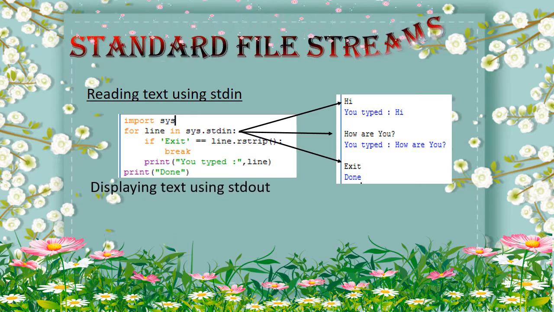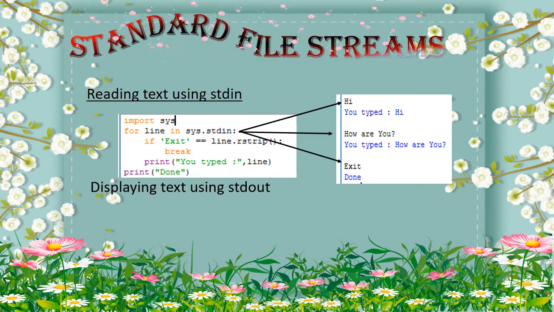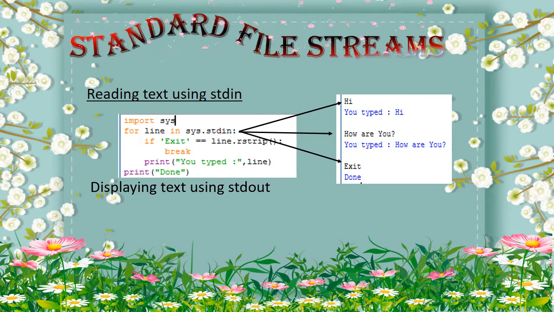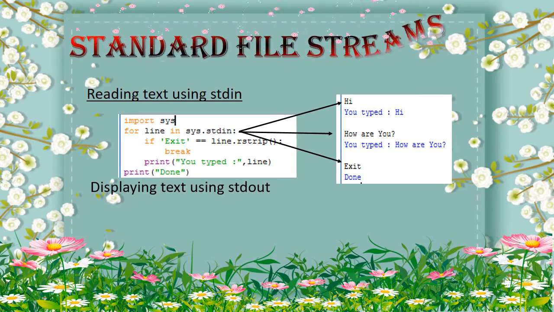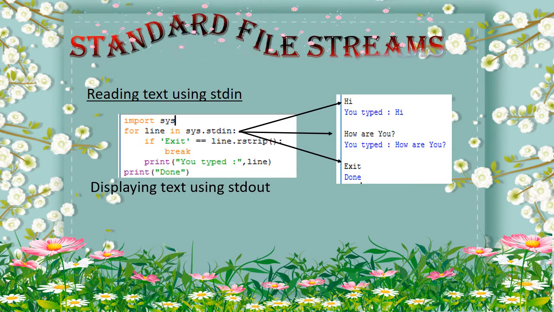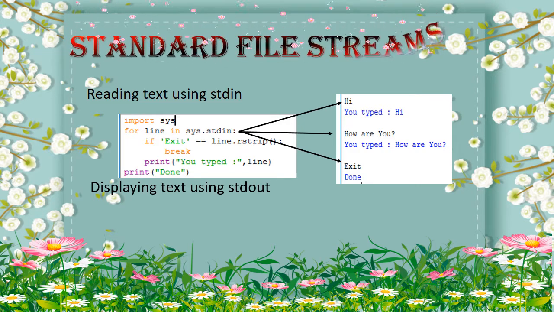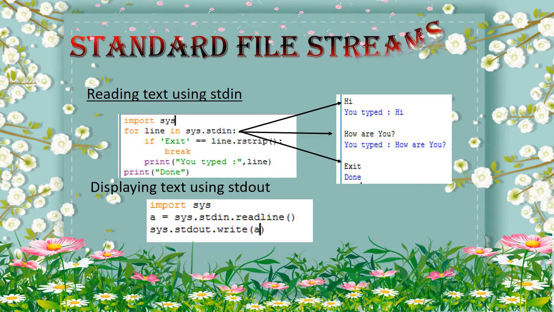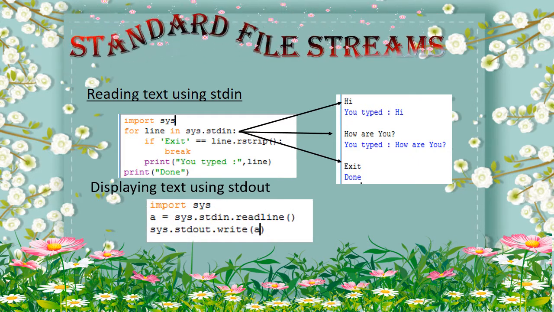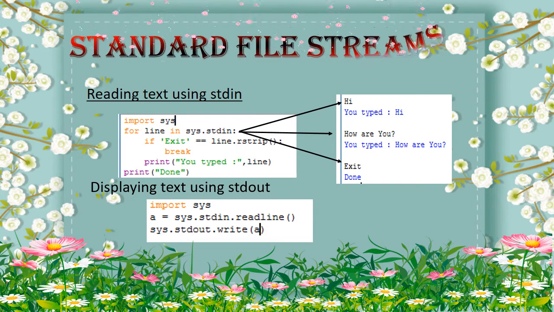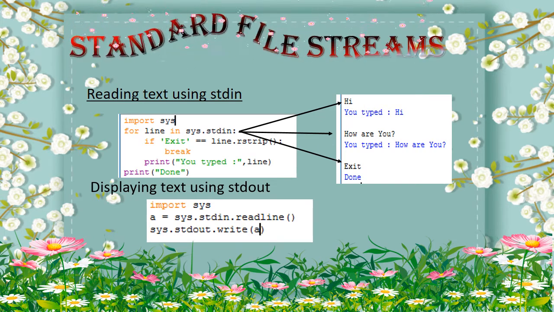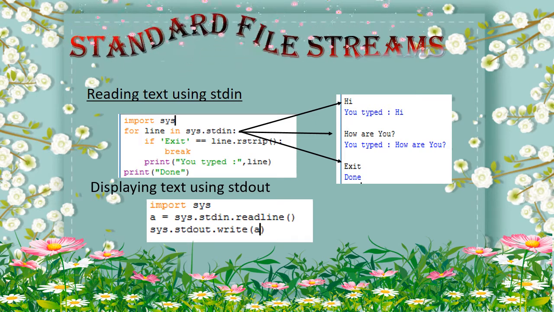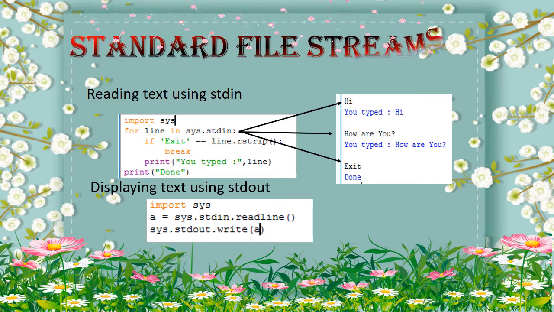And next I'm going to display text using the stdout function. Generally we display a string or number using the print statement, but using the standard output we can also display the content. See, first importing the sys module, and I'm reading a line: sys.stdin.readline reads a sentence, and it is assigned to the variable a.